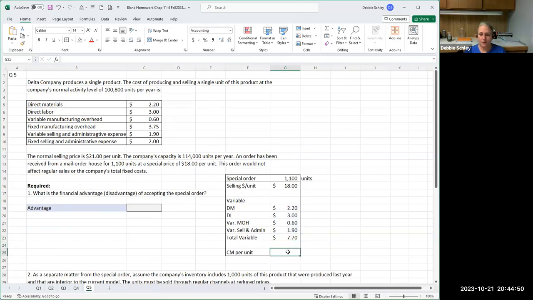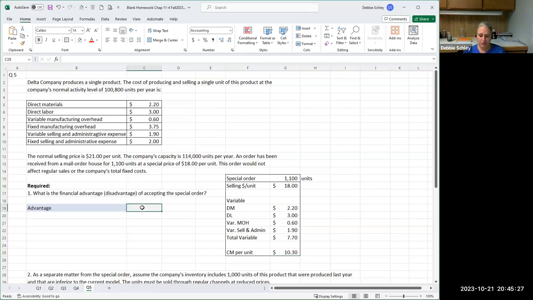And so our contribution margin per unit is going to be the selling price per unit minus the variable cost per unit, right? That's how we get contribution margin per unit. And so because it said this order would not affect regular sales or the company's total fixed costs, all we need to consider is our contribution margin per unit on this special order.